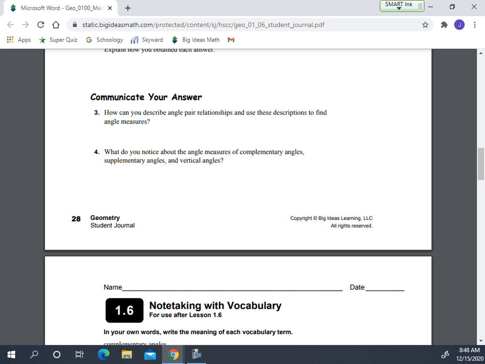How can you describe the angle pair relationships and use the descriptions to find angle measures? Well, we know that when two lines intersect, four angles appear.